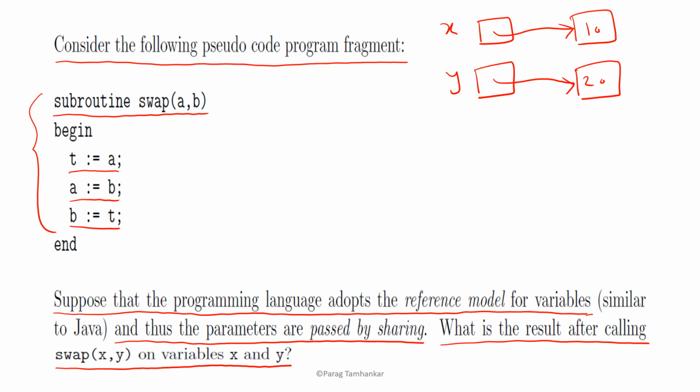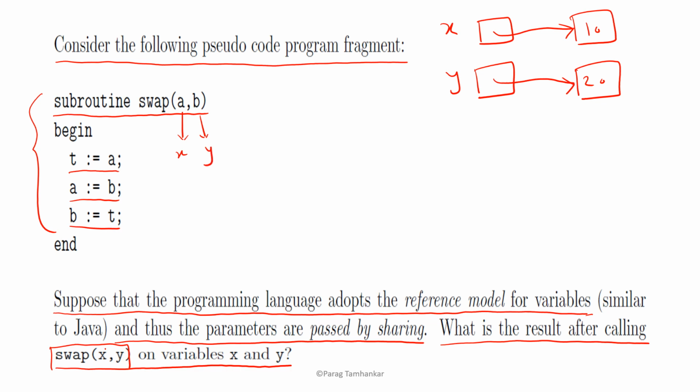Okay, now we have called this procedure swap, right? So as you can see, a becomes a reference for x and b becomes a reference for y.